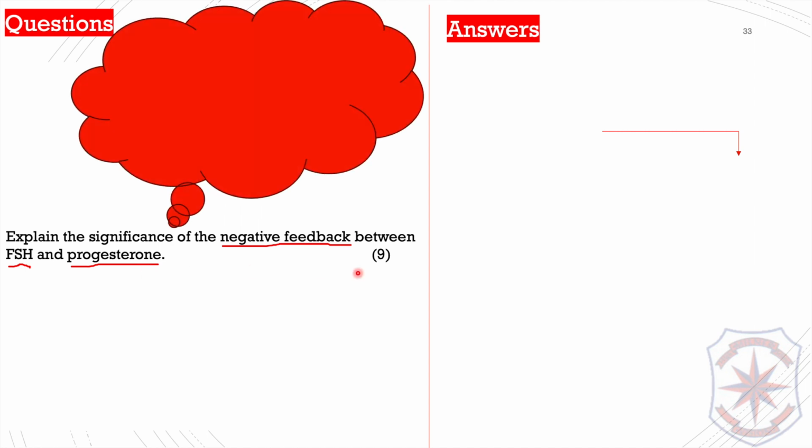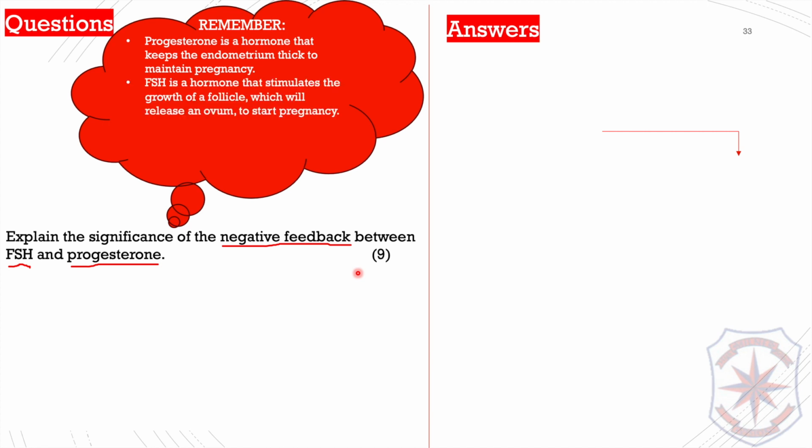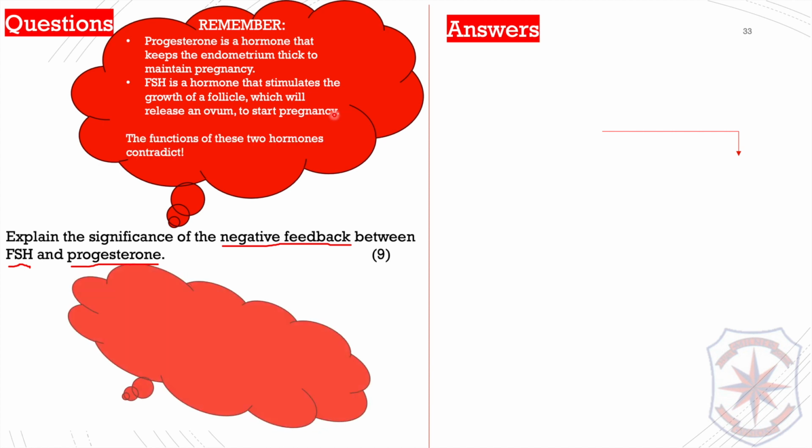Okay, guys? So, remember, progesterone is a hormone that keeps the endometrium thick to maintain pregnancy, and FSH is a hormone that stimulates the growth of follicles, which will release an ovum to start pregnancy. So one maintains pregnancy, the other one starts pregnancy.